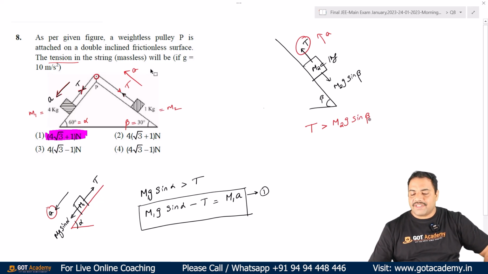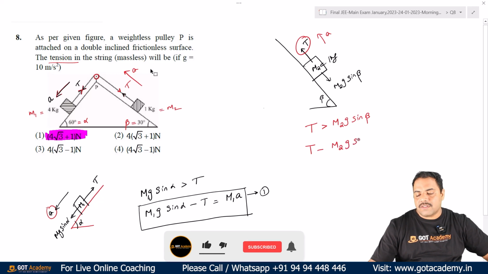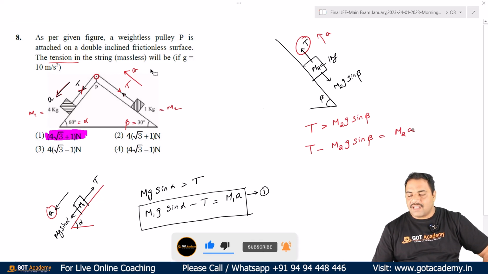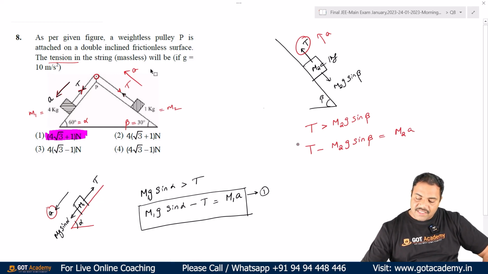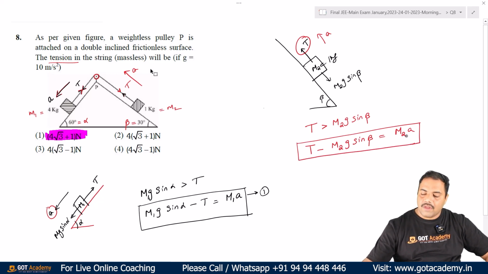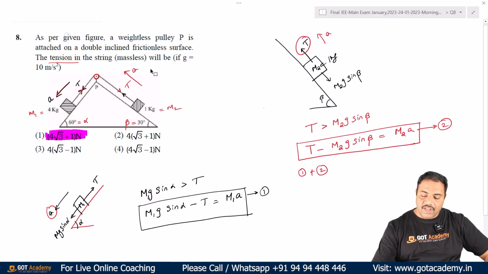So what is our equation? Bigger force minus smaller force will give you mass into acceleration. Let me say this comes under equation number 2. By adding 1 and 2, what are you going to get here?